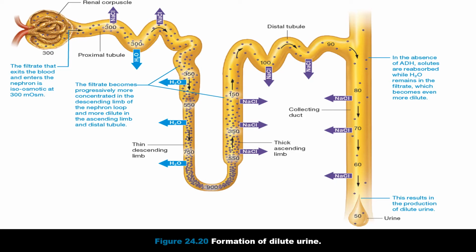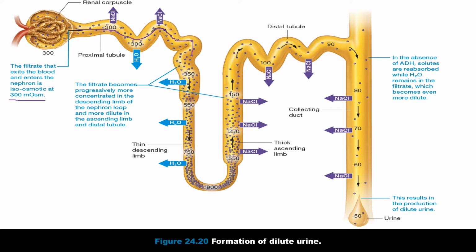Here's a pretty good diagram showing what we're talking about. So you see the filtrate is going to leave the glomerulus at 300 milliosmoles, and as it passes through the proximal tubule, it's going to lose a little bit of water obligatorily, but mostly it's going to be losing water.